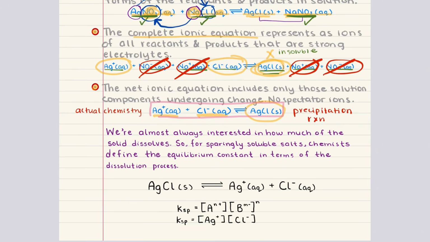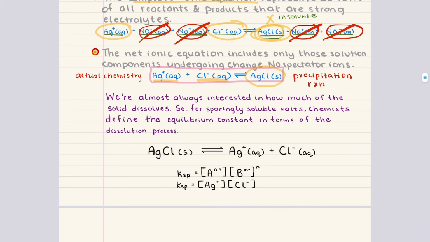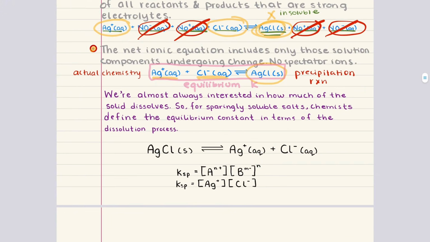Now, this particular reaction helps us introduce an important concept in equilibrium chemistry, and that is the idea of solubility product, or KSP. Even though silver chloride is classified as insoluble, a more appropriate term is sparingly soluble.